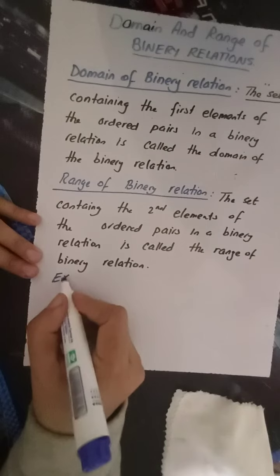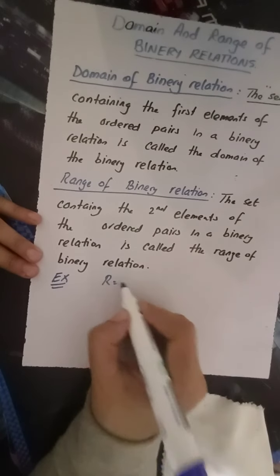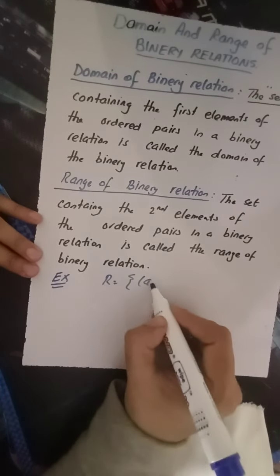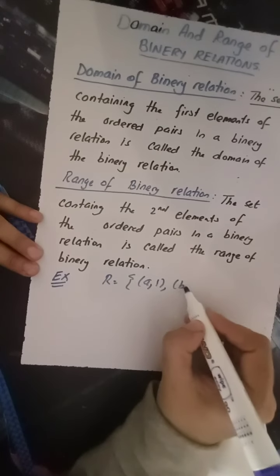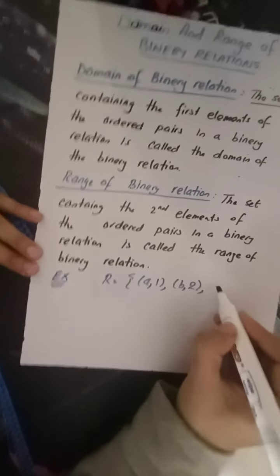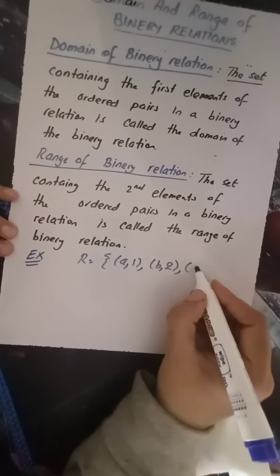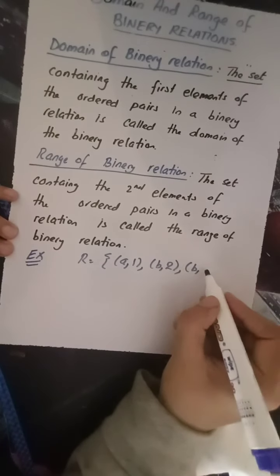In order to understand it better, we'll do an example. For example, let us suppose you are given a binary relation R with ordered pairs (A,1), (B,2) and (B,4).